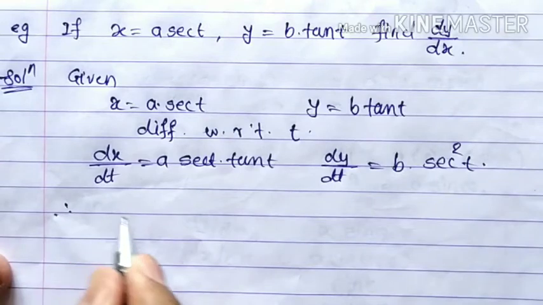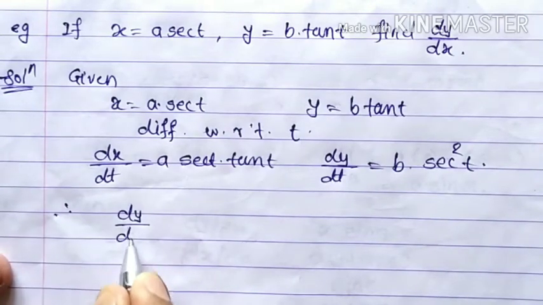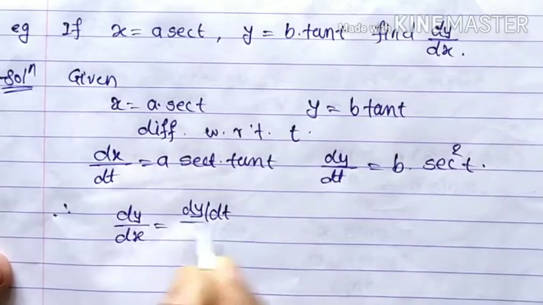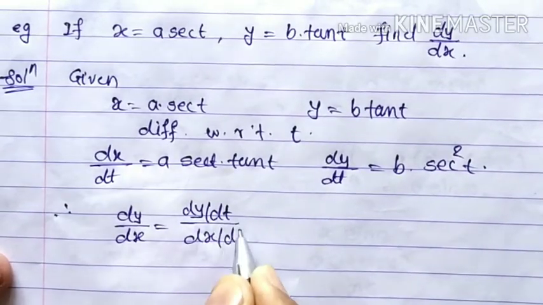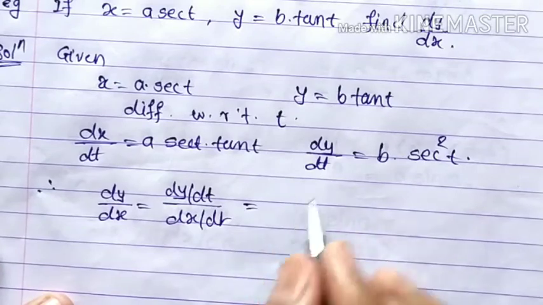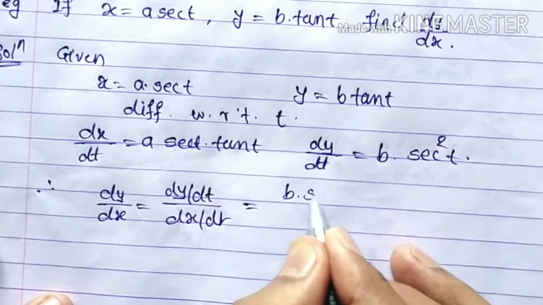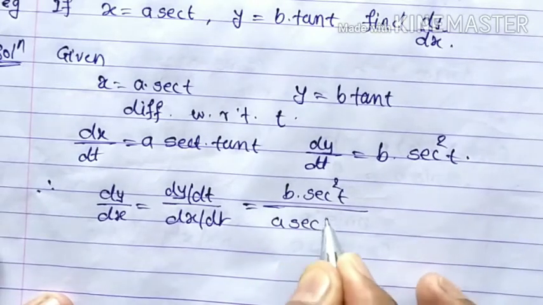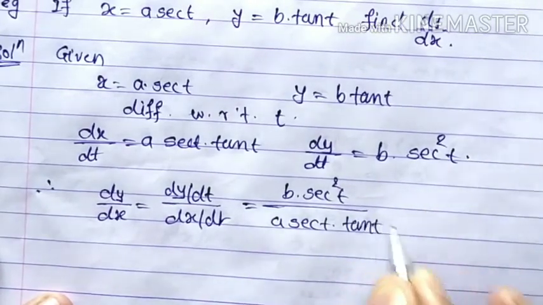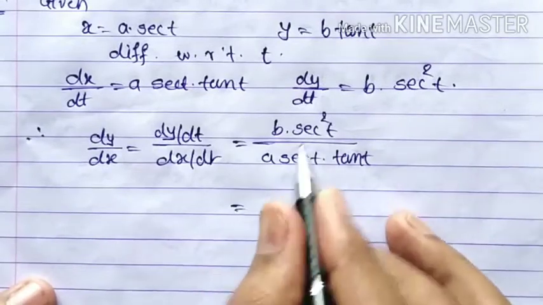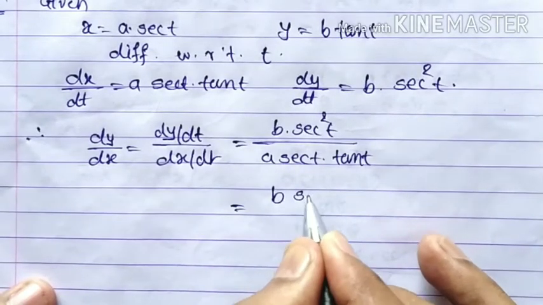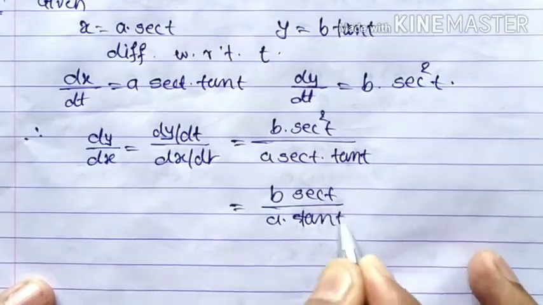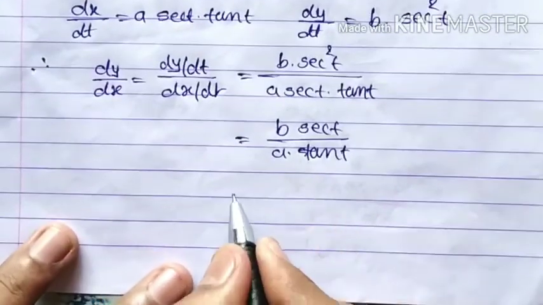And so the derivative of y with respect to x is dy by dt divided by dx by dt. So what is dy by dt? This is b sec square of t. This is a sec of t into tan of t. And therefore this will be b into sec of t divided by a into tan of t, as one sec t will be cancelled.